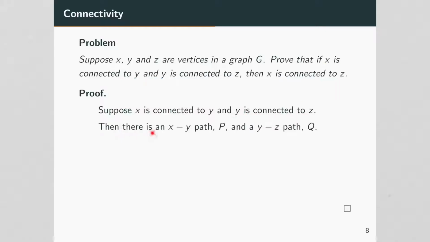All right, so here, let's use path. That's just as easy. So there's an XY path, we'll call it P, and a YZ path, we'll call it Q. So what does that mean? Well, just picture what would happen.